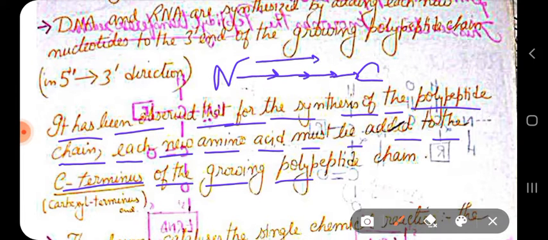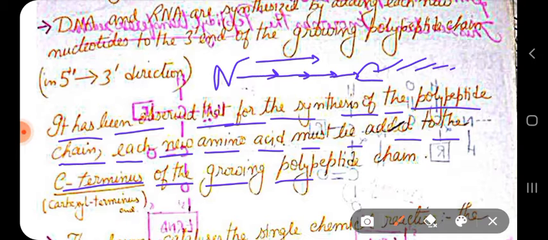That means towards the C terminus we have to add the amino acid in order to increase the length of that polypeptide chain. So polypeptide chains also have a polarity. They have an N terminal, amino terminal end, and a carboxy terminal end.